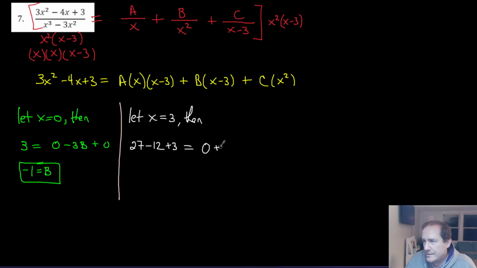This time the b term also goes to 0, and the c term is going to be 9c. So what is this? Go away, fly. 15 plus 3 is 18. Equals 9c. So 2 is c.